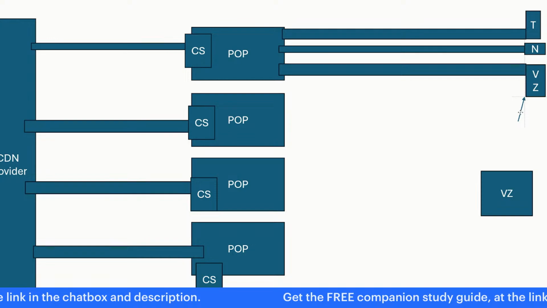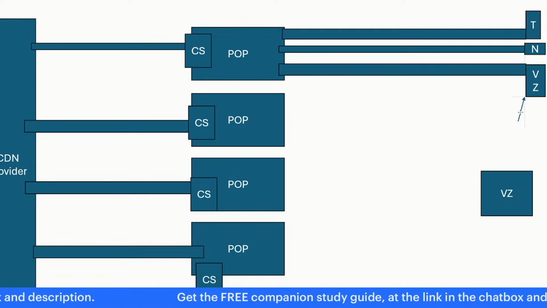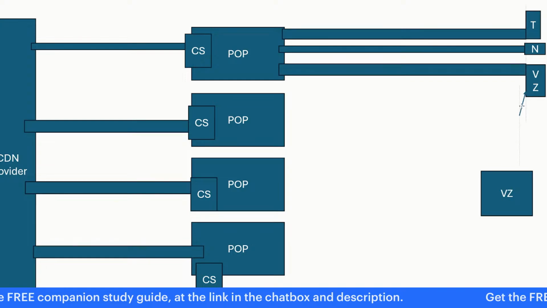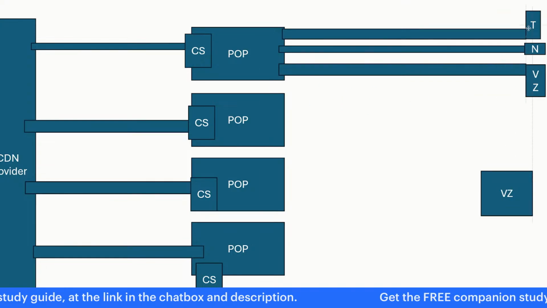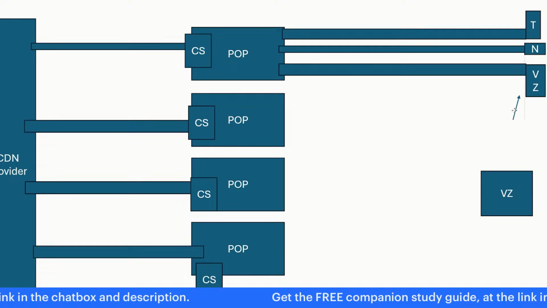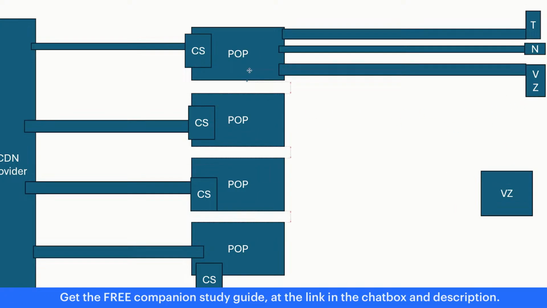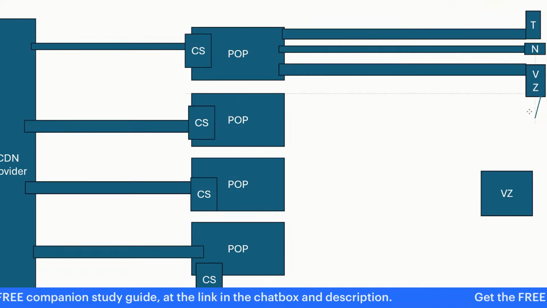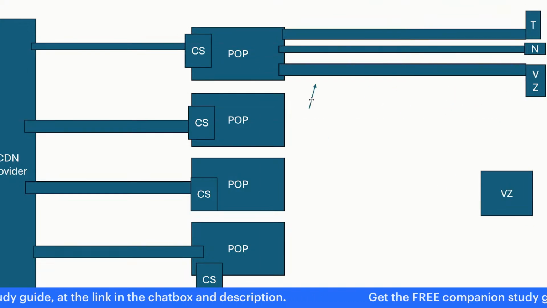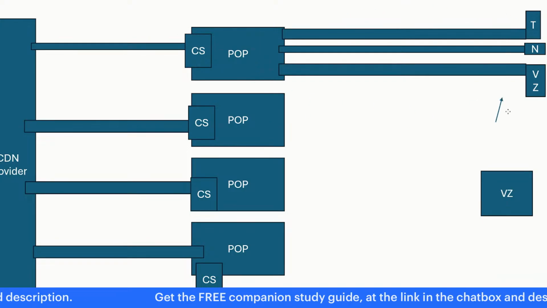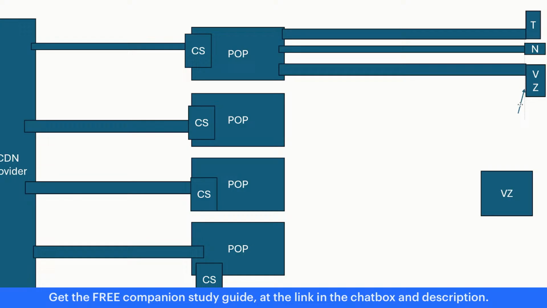Because you're on Verizon, you hit your Verizon Internet Service Provider, but your website's hosted on AT&T. So what typically would have to happen is your routing would go back to AT&T where the website's hosted. So you would go to Verizon. This would be your local point of presence, and all of a sudden you would go from your website, Verizon site, all the way to the AT&T site, and then your traffic would come back.